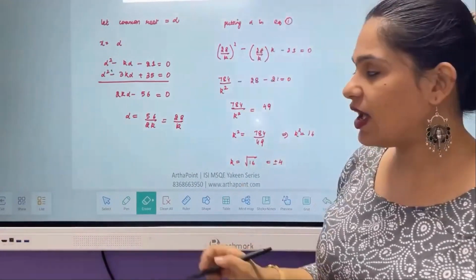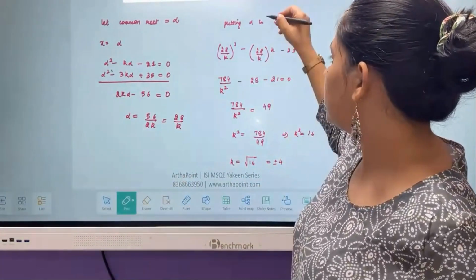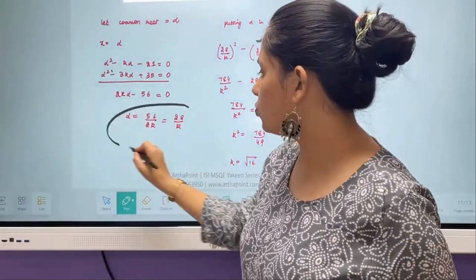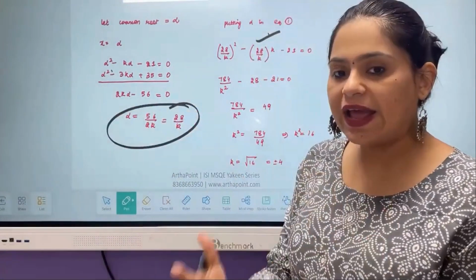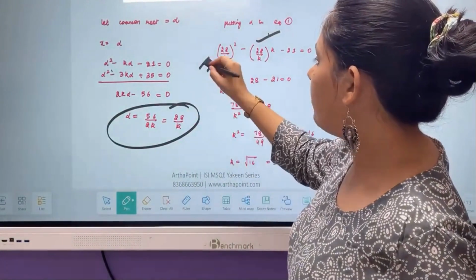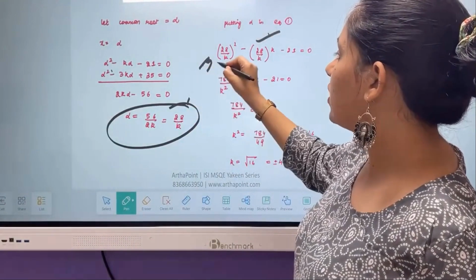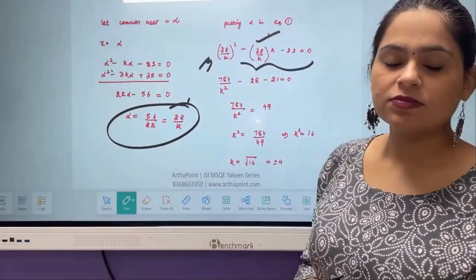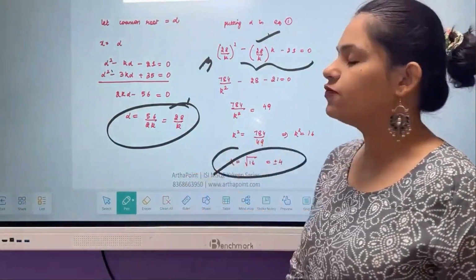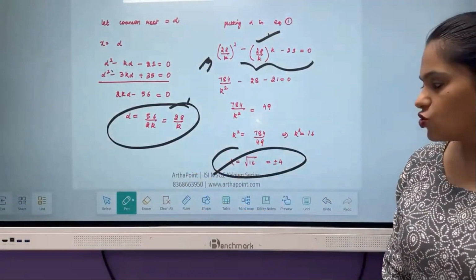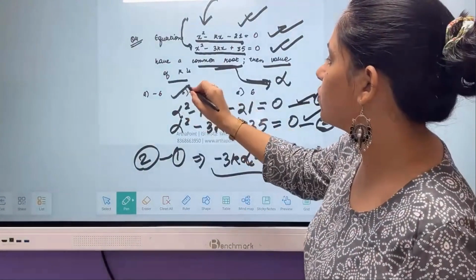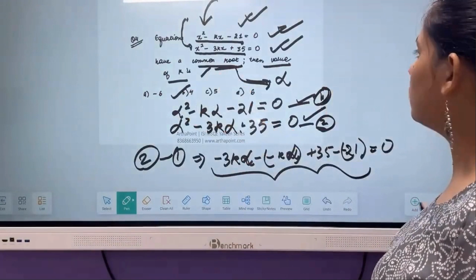And by solving alpha in terms of k, we got this. बस alpha की value 28 by k है. Put it in any equation and you will be able to get the entire equation in terms of k. Once you get the entire equation in terms of k, solve for the value of k. So the answer to this question should be 4. That's the value of k.